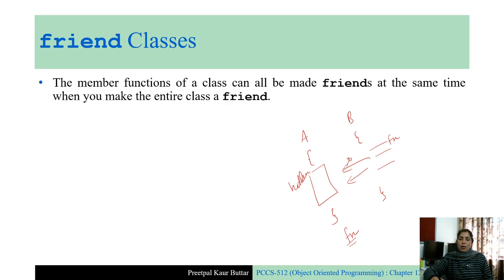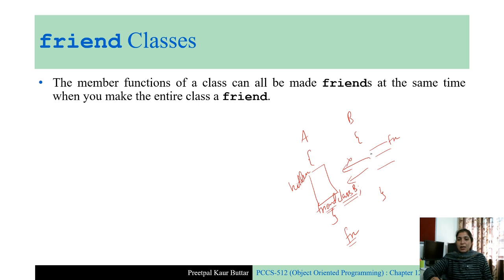Then what is the solution to this? The solution is that you make this class a friend of this class. If you make class B a friend of class A, like this, friend class B. We have preceded the declaration, class B semicolon, with the keyword friend.